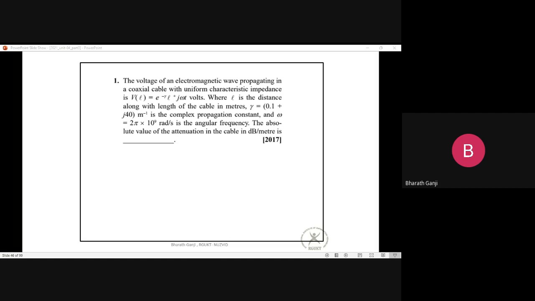Okay, so let me start with the questions. This is a question from the 2017 paper.